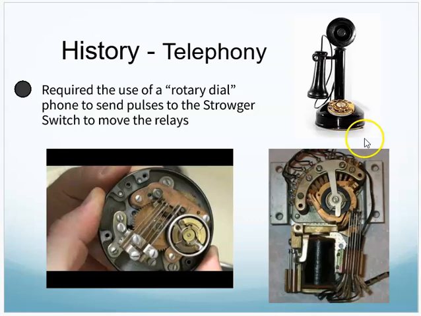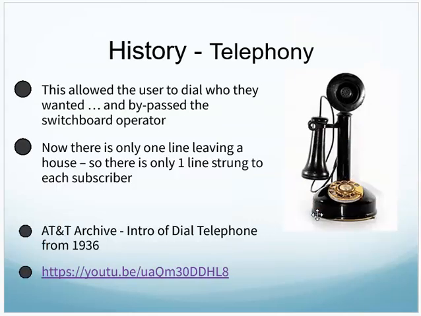So this phone would allow you to send those pulses to the stepping relay. The stepping relay would click that number of times so you can make a connection and talk to that person. So now I have the ability to literally call somebody directly and not need a switchboard operator.